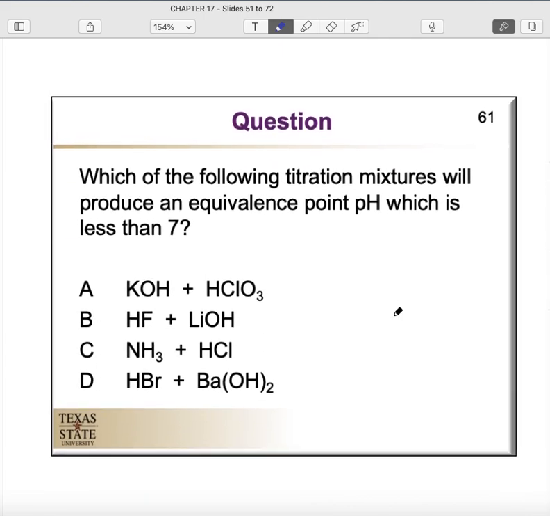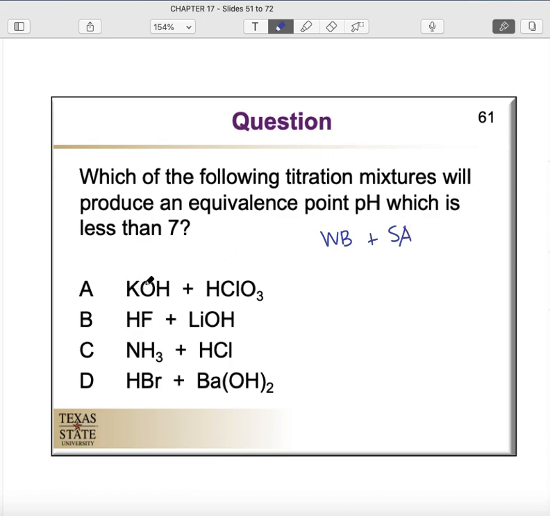All right, which of the following titration mixtures will produce an equivalence point pH which is less than 7? Give it a try. Right, so a pH less than 7 at the equivalence point means that we are titrating a weak base with a strong acid. And so our job is to figure out which one is the combination of a weak base with a strong acid.